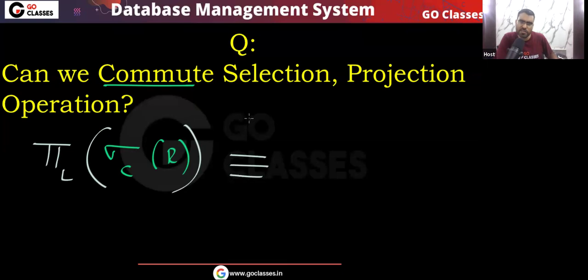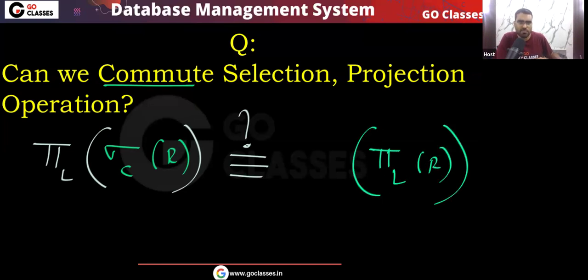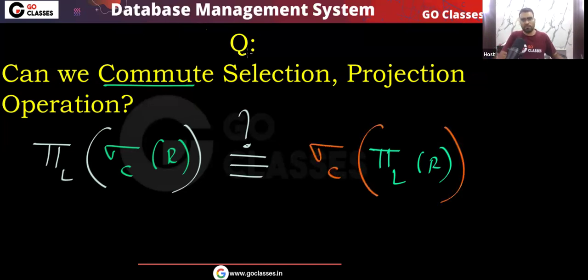Can I say this will be the same as first applying projection and then applying selection? Please tell me, will they be the same? Can I commute selection and projection? This is my question.